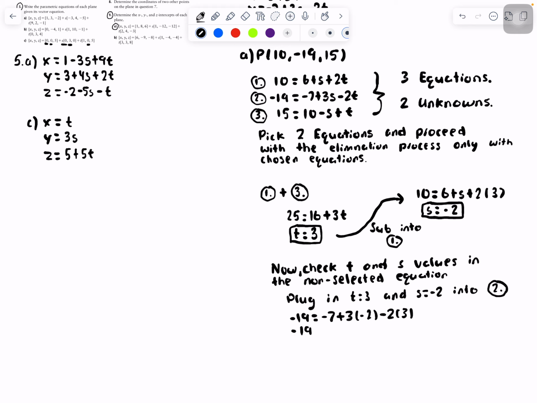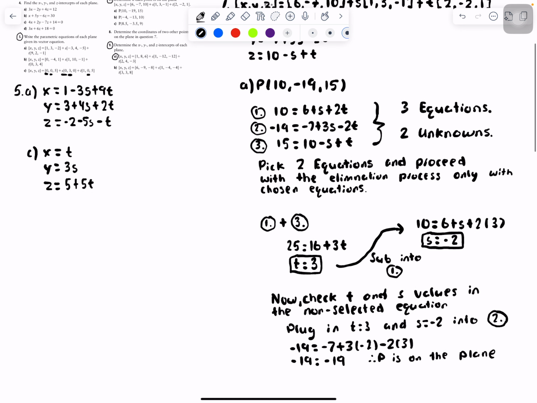Negative 7 plus 3 times negative 2 minus 2 times 3 gives negative 19. So the left-hand side does equal the right side. This is a mathematically true statement, negative 19 is obviously equal to negative 19. So the point does lie on the plane. Therefore, P is on the plane. Perfect.